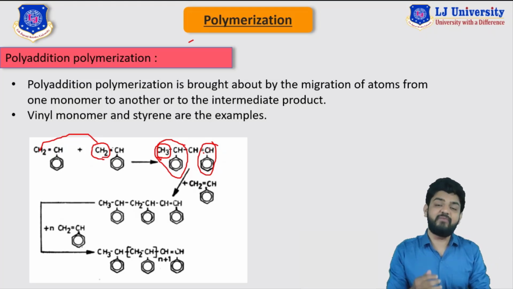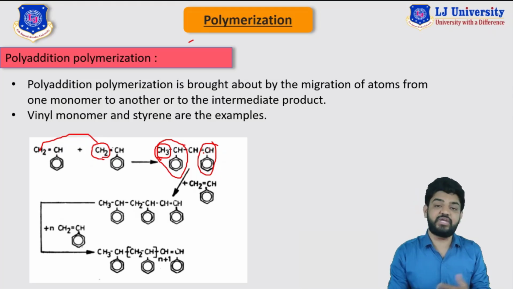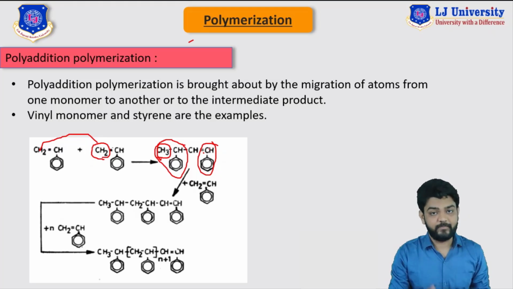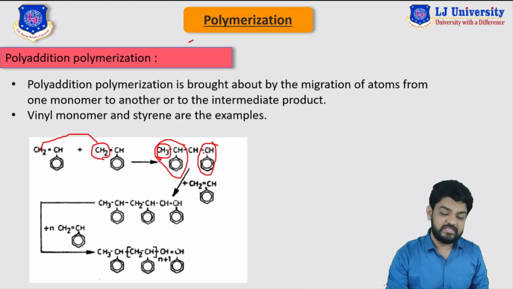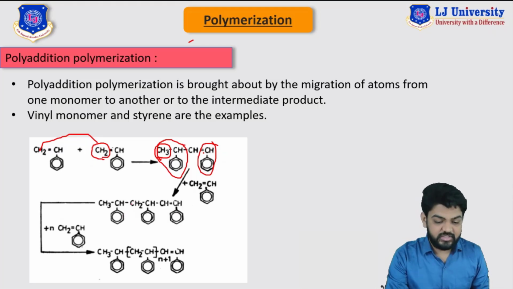Now if we supply more styrene, then more migration of hydrogen will take place, this reaction will continue, and we will ultimately have a long chain of the polymer, right? You can see here now we are supplying one more styrene compound. So you can see here this was our initial compound, right? This much was our initial compound.